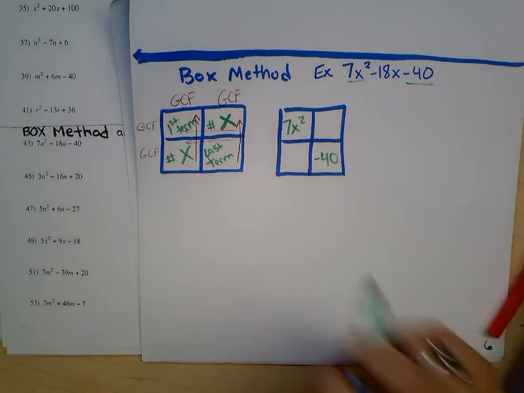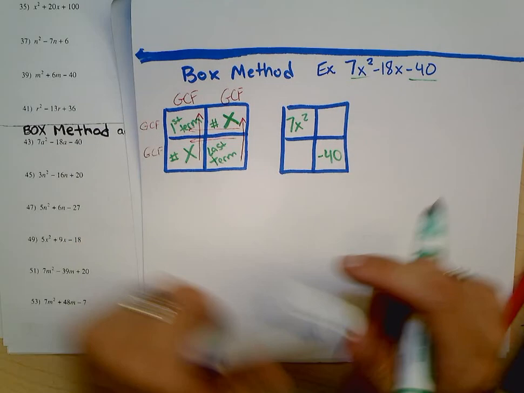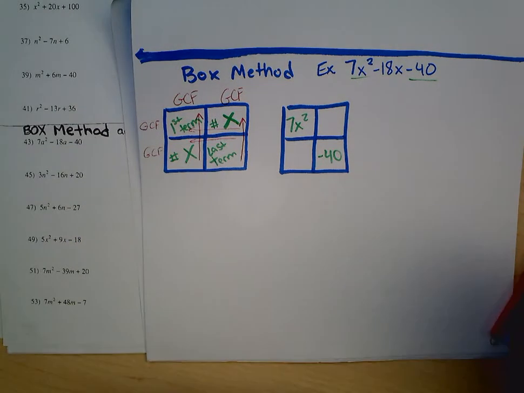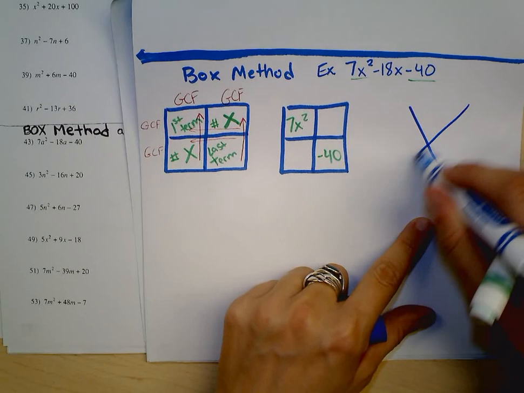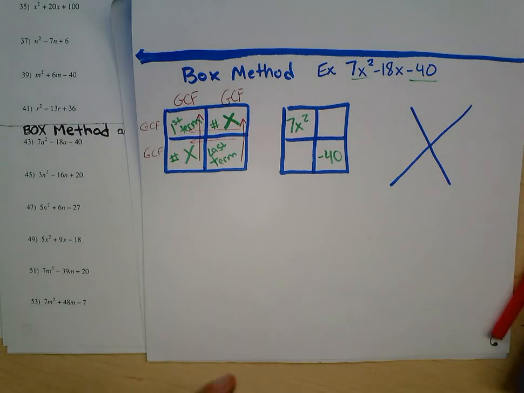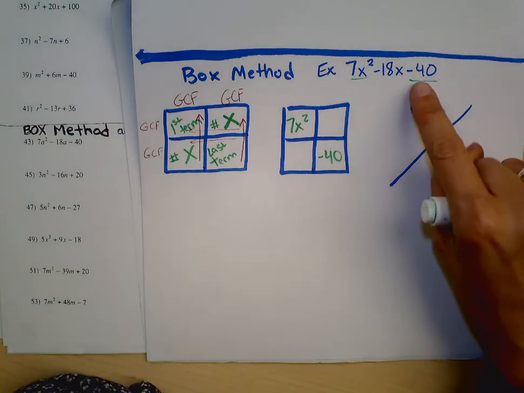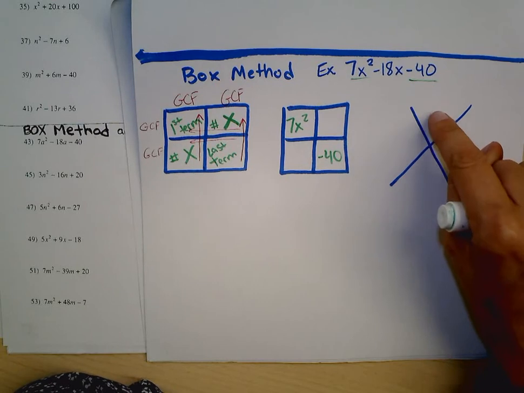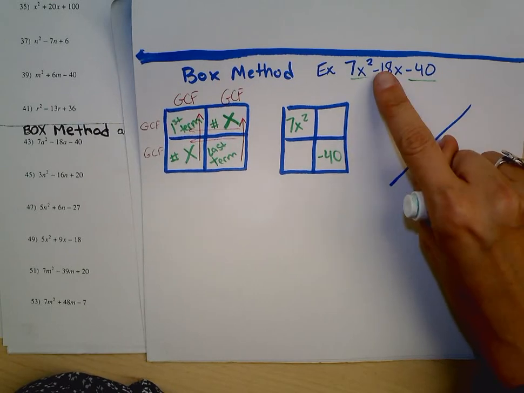Now, these two boxes, I'm going to have to do the X method to figure out. So I'm going to do my X method. Now, before with the X method, we just took this number and put it directly here, and we put the B value directly below.